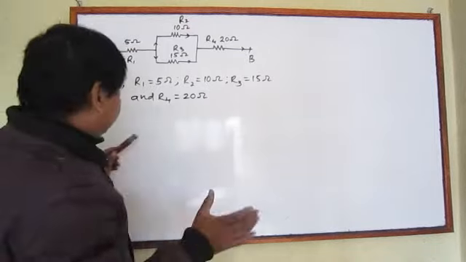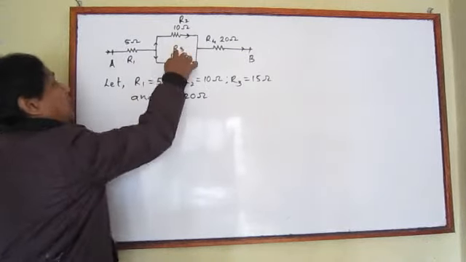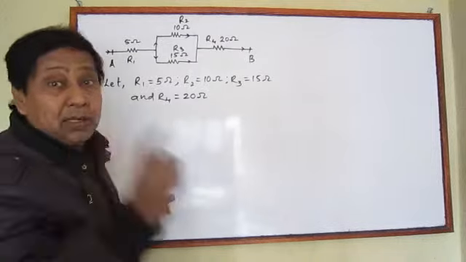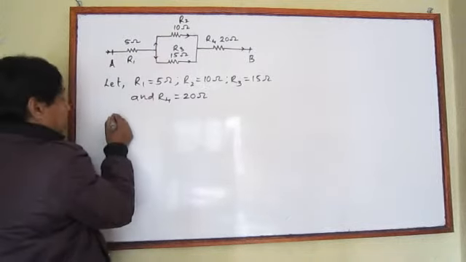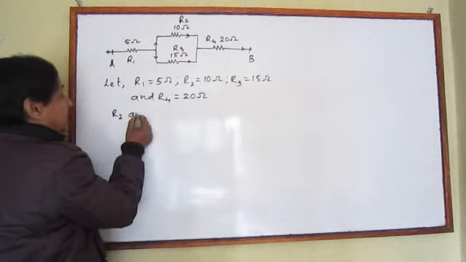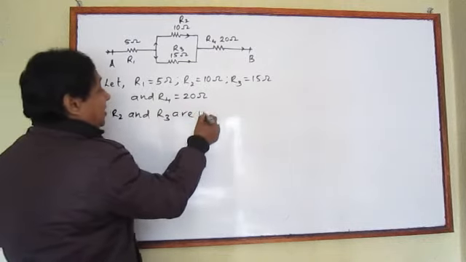Now looking at this connection, we can say that these two, R2 and R3, are connected in parallel. That's why I want to start from this. R2 and R3 are in parallel.